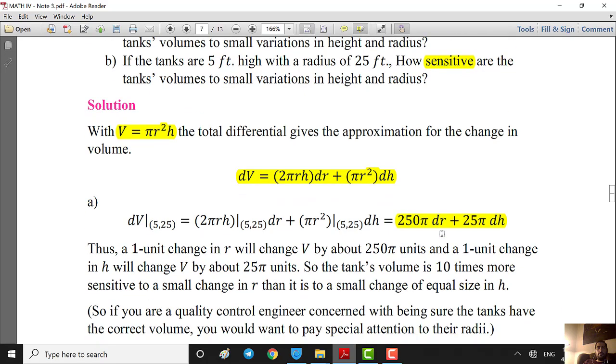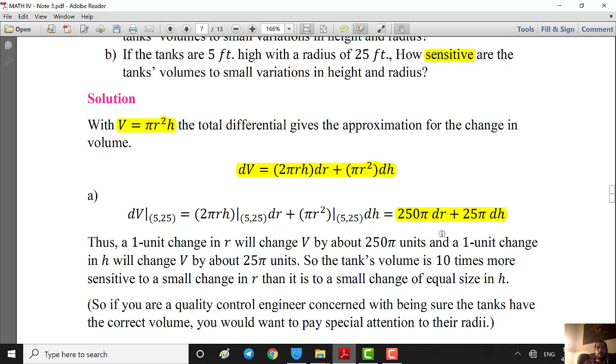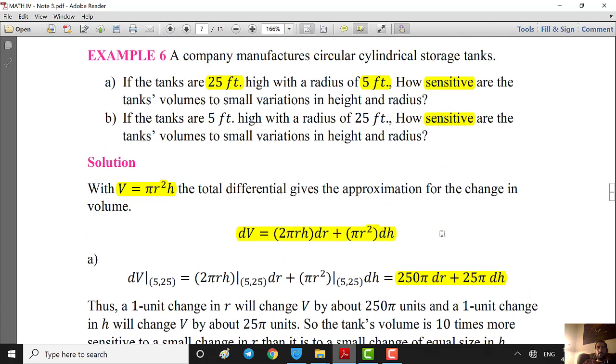Now, let's move to part B. Now, let's exchange the values of R and H. In part B, now the tanks have a very small height and a very large radius, just like the storage facility for petroleum.